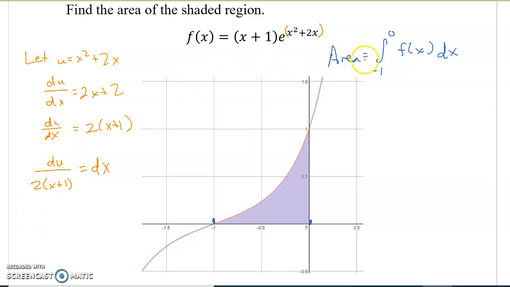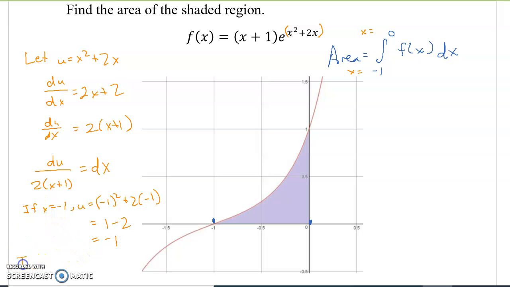Also note that this is an x value, and this is an x value. So I'm going to make sure that I change my variables as well. If x equals -1, u equals -1 squared plus 2 times -1, which equals 1 minus 2 equals -1.